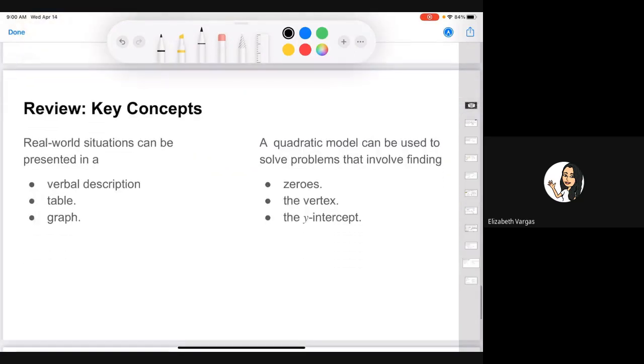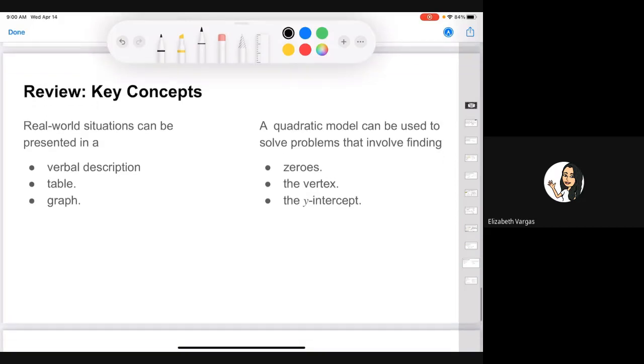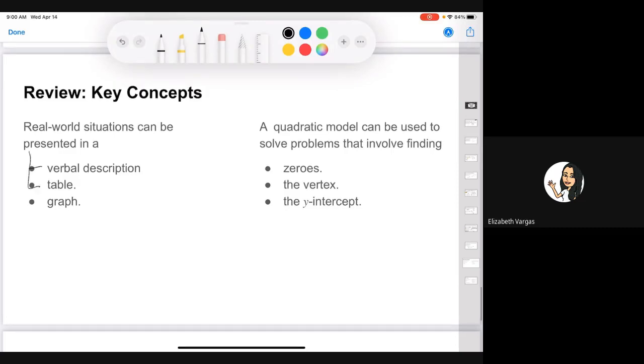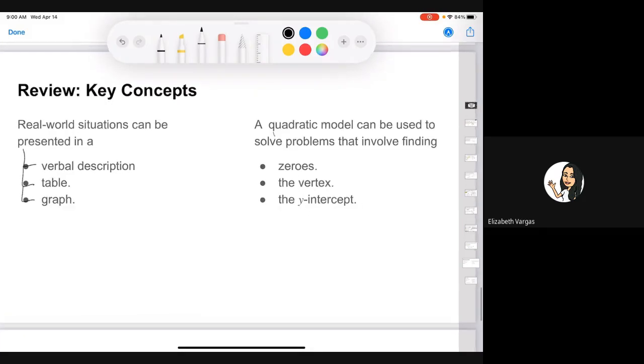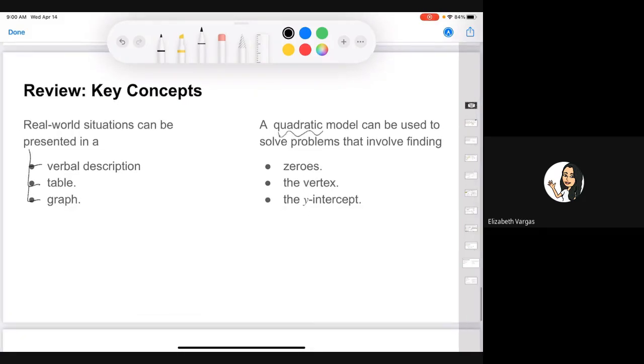So what did we go over? Real world situations can be presented in different ways: a verbal description, a table, or a graph. And we've worked with all these different ways today. Once we get a quadratic model that represents these situations, we can find our zeros. We can find information about our vertex, which represents our maximum height or maximum. And we can even solve for information about our y-intercept.